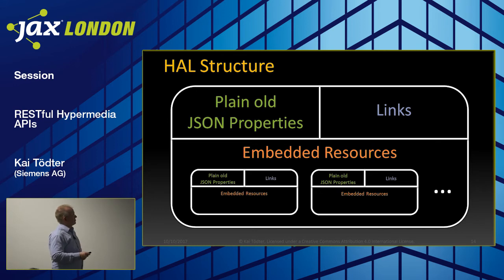And those embedded resources could contain the same plain old JSON properties, links to other resources, other embedded resources. You see this is a recursive structure, but in reality, we usually see 2 or 3, or in a few cases 4, but not more than 4 levels. So I usually use 2 levels or 1 level, trying to make the payload as small as possible.